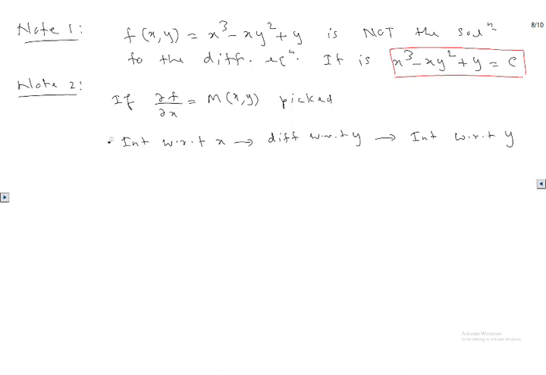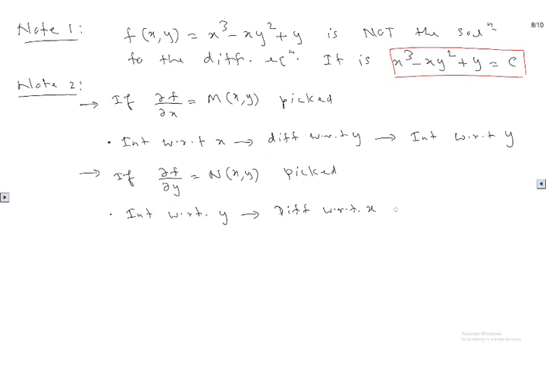Now if you pick the other function, if ∂f/∂y equal N was picked, now what we can do is integrate with respect to y, then differentiate with respect to x, and then integrate with respect to x.